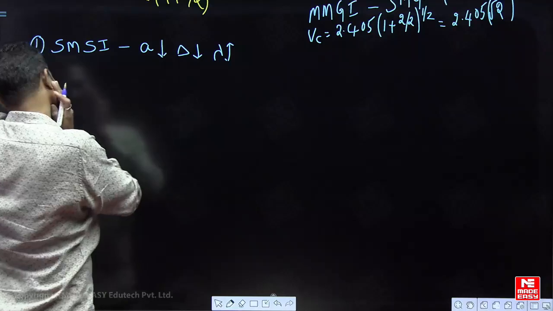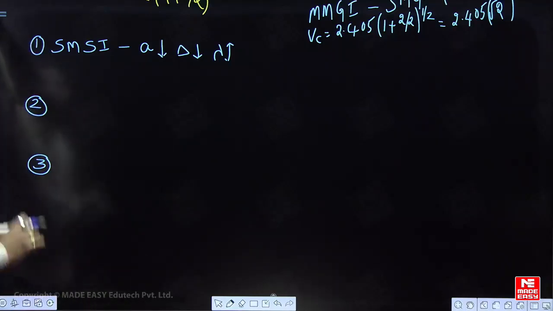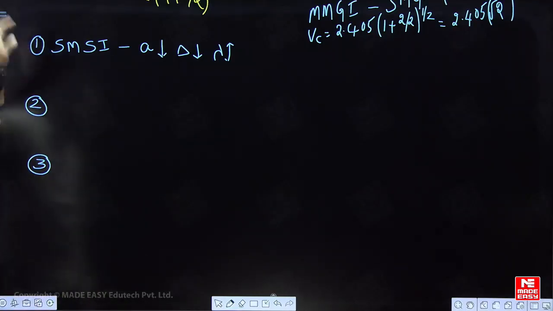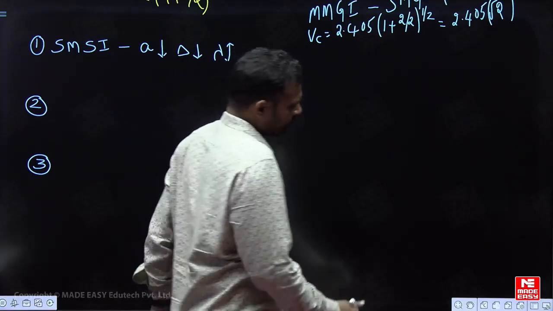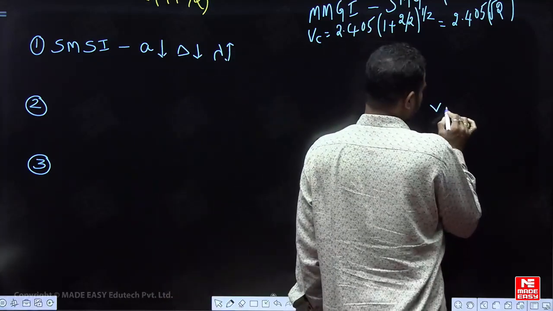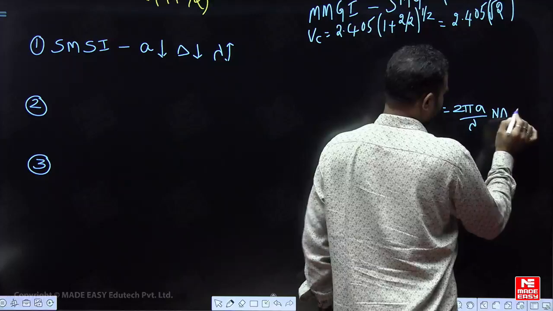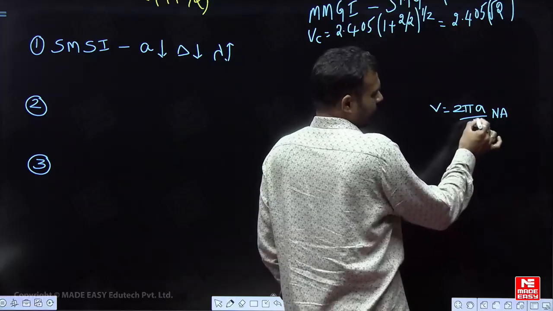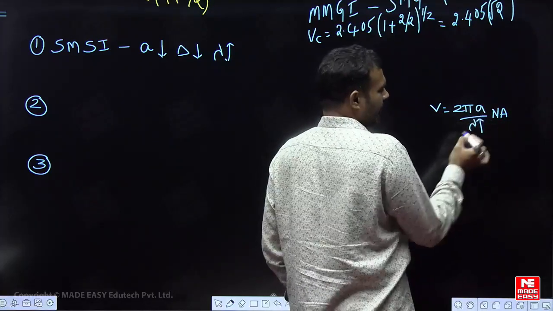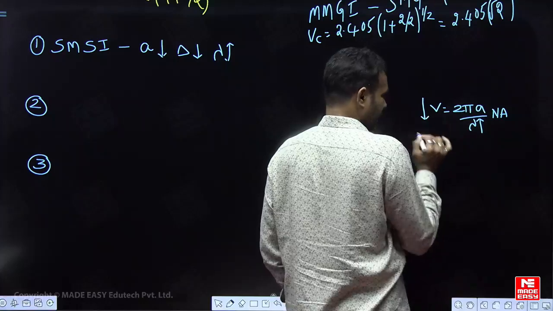Why is lambda high? The reason is very simple, because of your V value. What is the V value? V is equal to 2 pi A by lambda into NA. If lambda value is very high, then V value decreases.